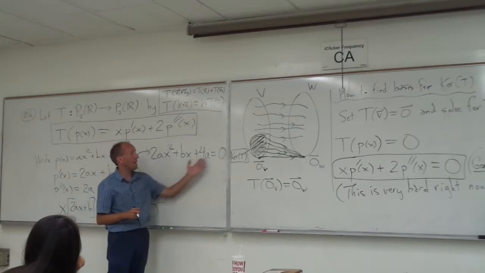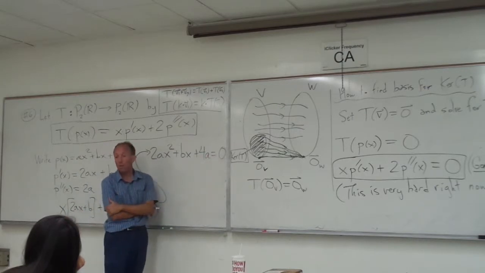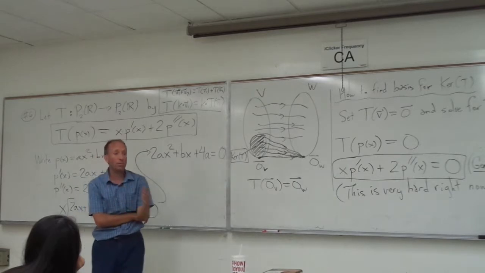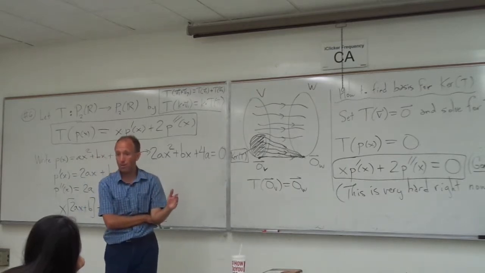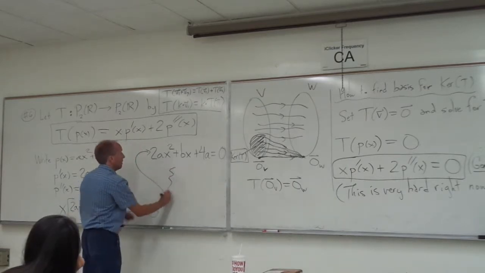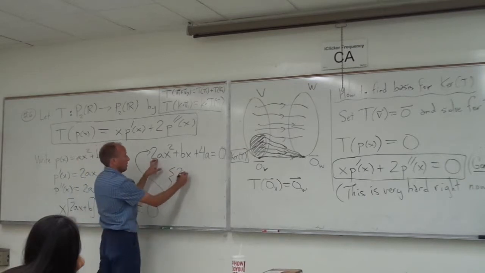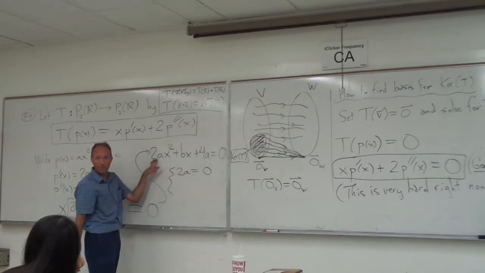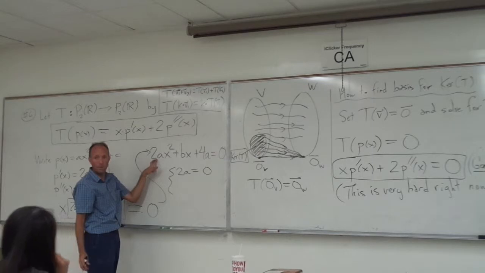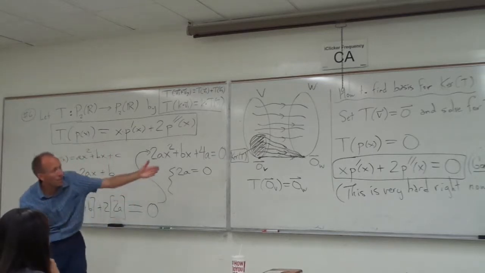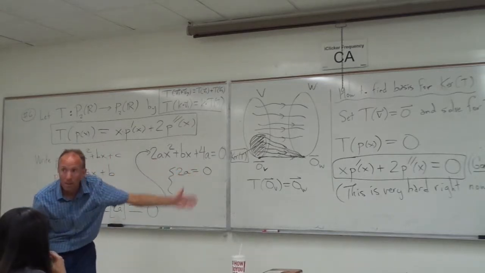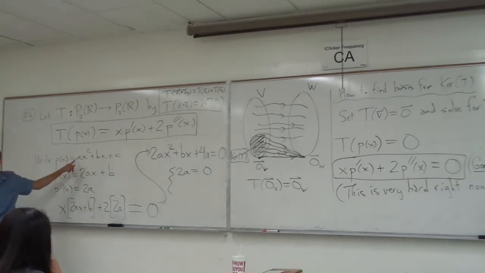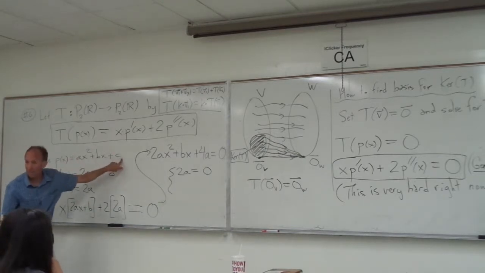Now, if you have a polynomial that's going to add up to 0, isn't it true that every single coefficient needs to be 0? So look what's going to happen. This coefficient has to be 0. We're trying to figure out what p of x is. The goal is to solve for p of x, which really means solve for a, b, and c.